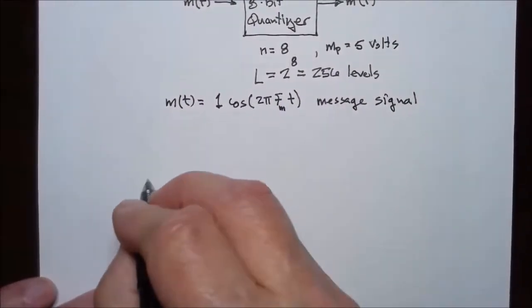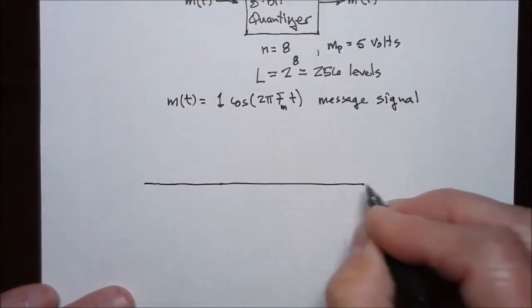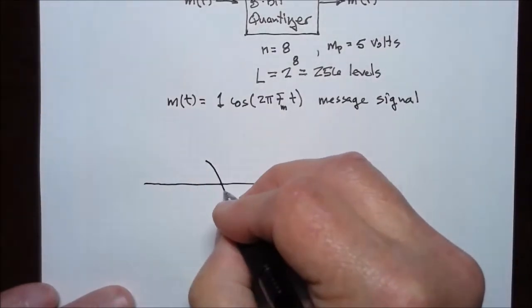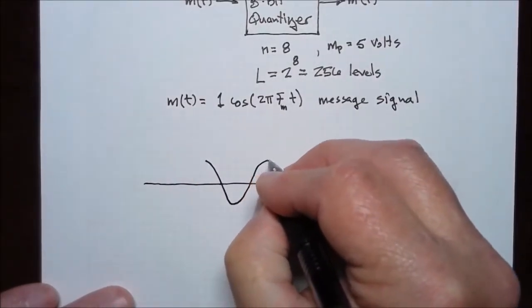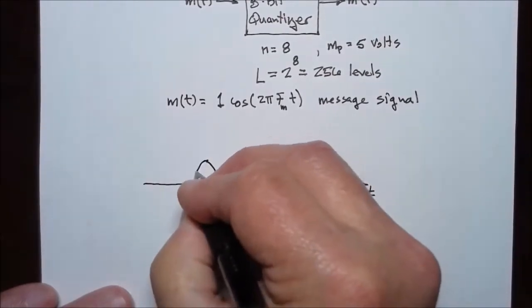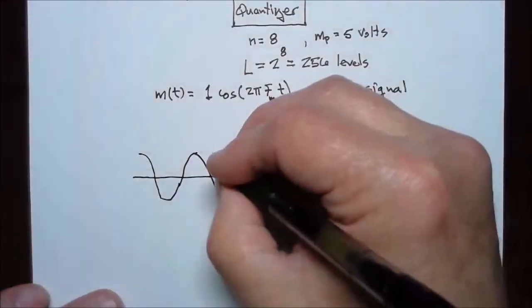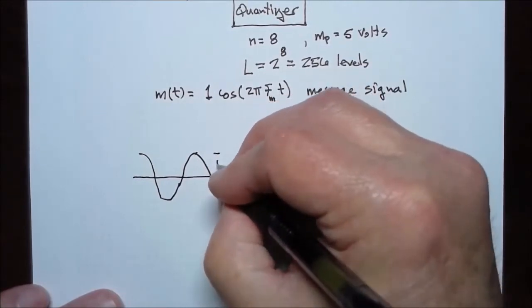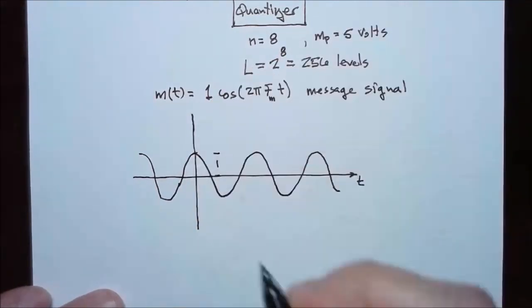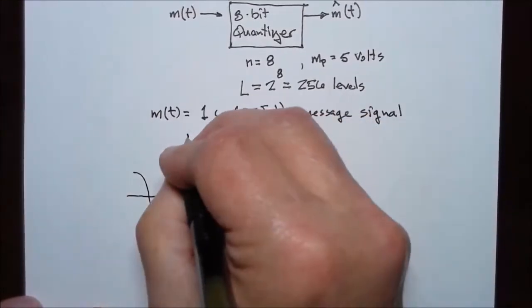So our message signal is a cosine that has an amplitude of 1, and our quantizer has a peak range of 5 volts.